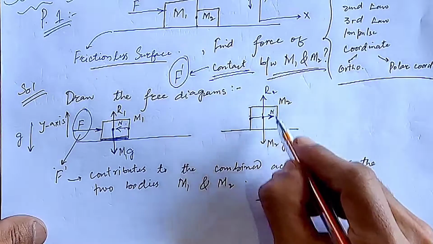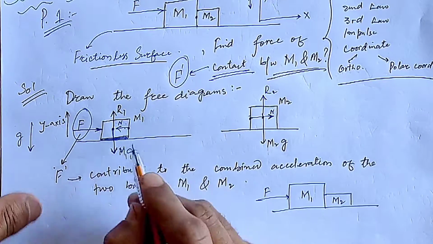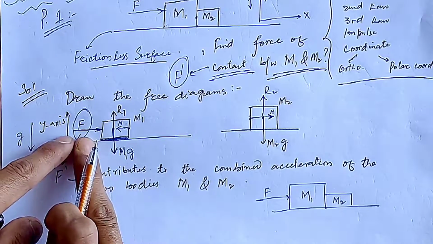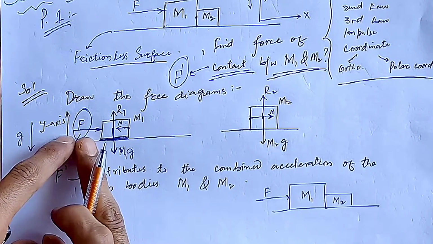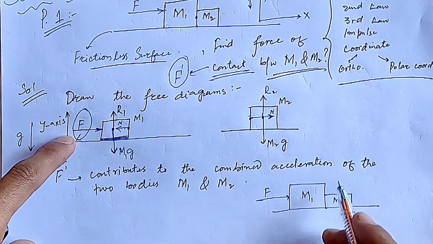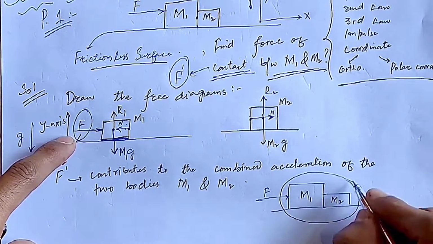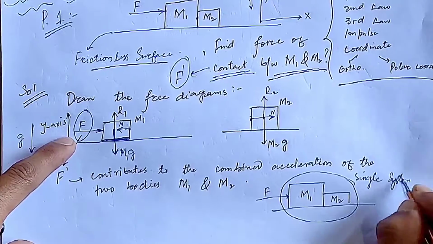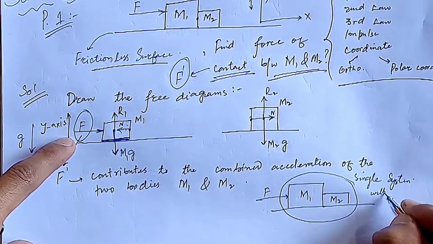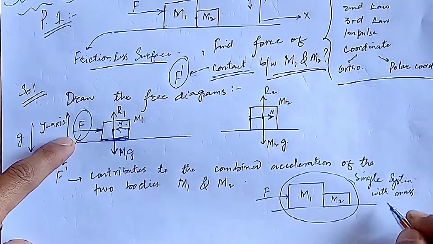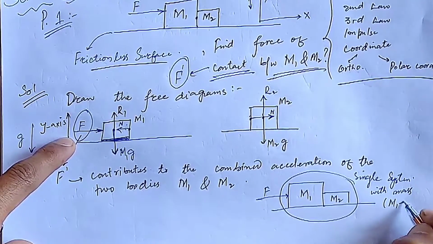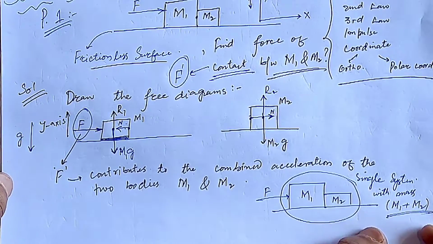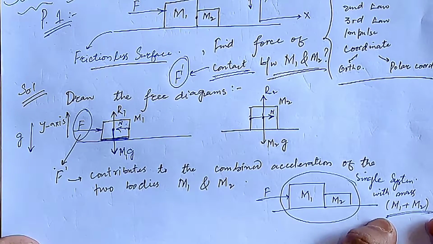As you have seen, this cancels this, this cancels this, n cancels this n. So the net acceleration is caused by this force, and these two bodies act as a single system with mass m1 plus m2.